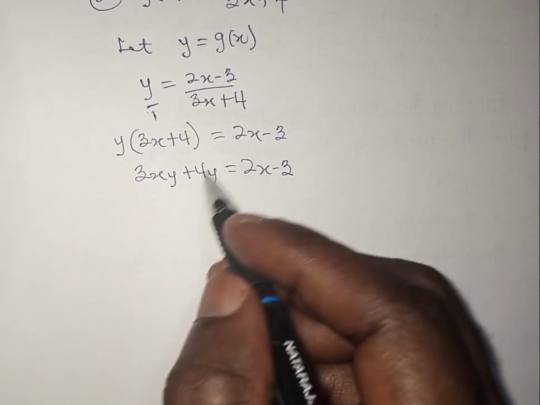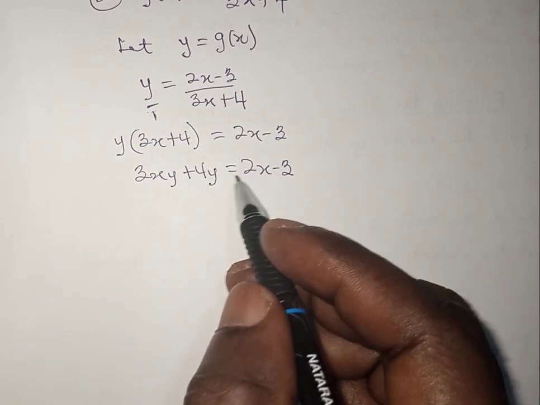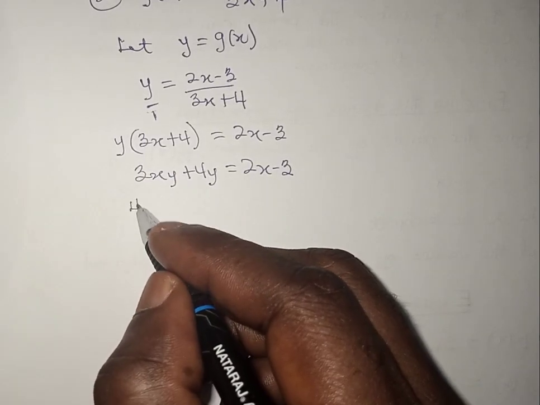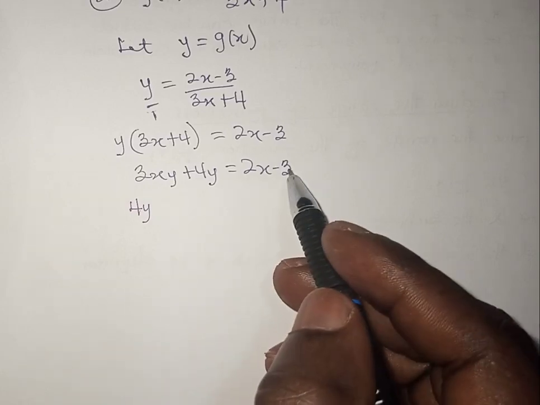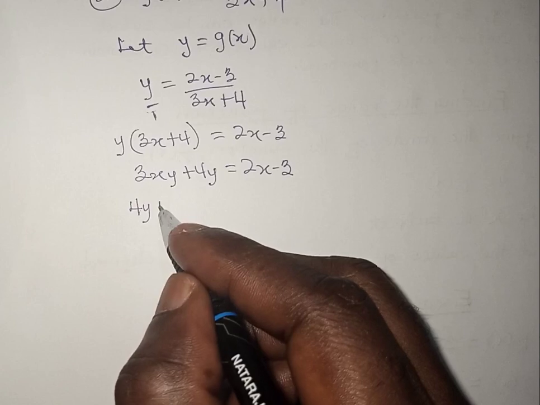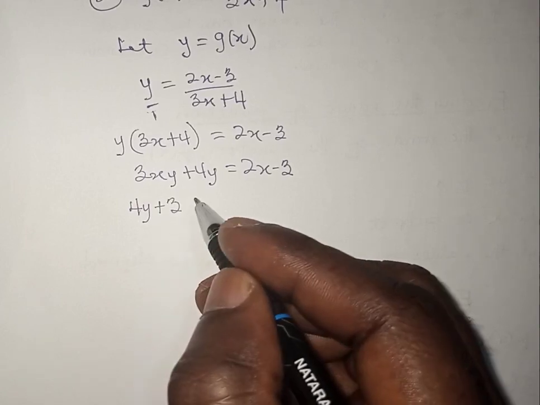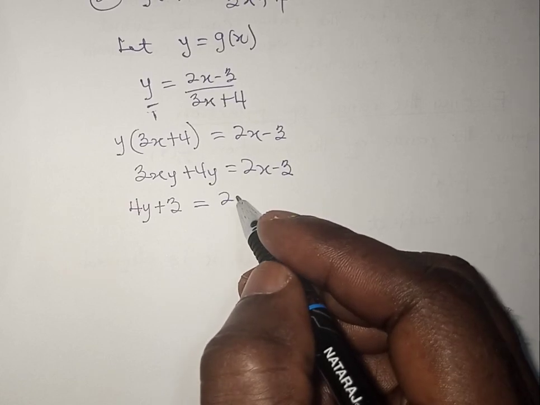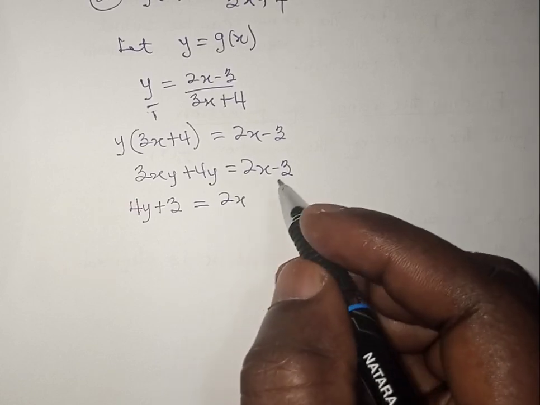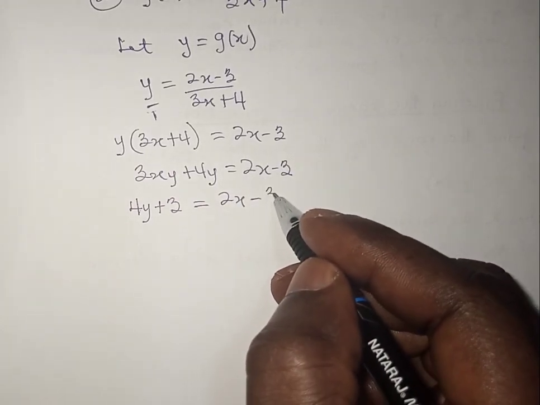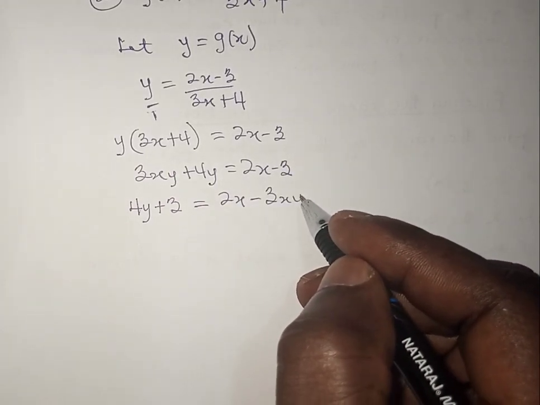Because we are making x the subject, I can decide to maintain this here, 4y, then I will transpose this negative 3 here, which will give me a positive 3 is equal to, then I'll maintain 2x, and then I'll transpose this here, giving me negative 3xy.